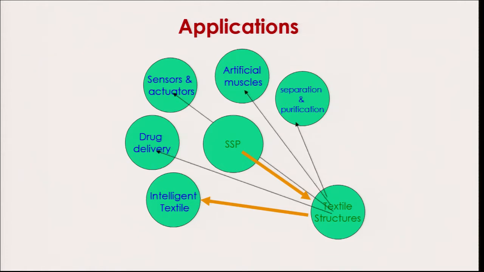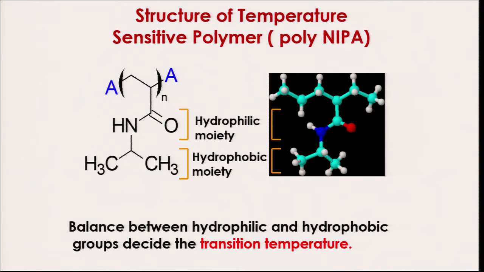So, it is pertinent, important that one should try and convert these stimuli responsive polymers to textile structures to get enhanced properties. So, I will be taking an example of a temperature responsive stimuli sensitive polymer, and will be discussing an approach to make stimuli sensitive fibers which are responsive to temperature, and the same approach can be extended to other polymers as well.